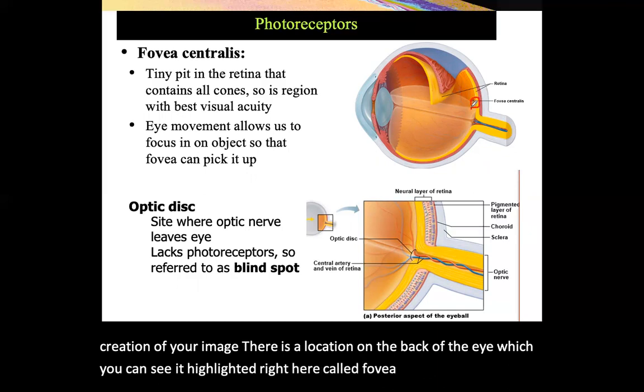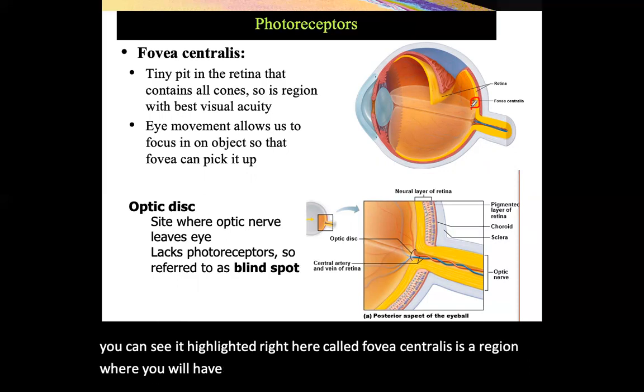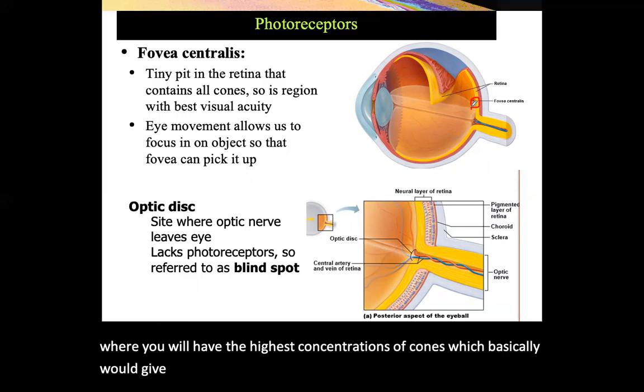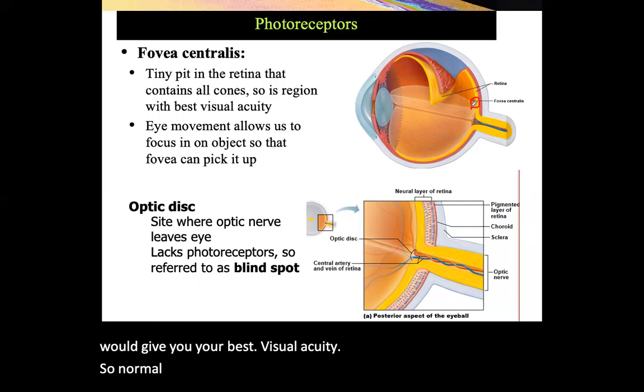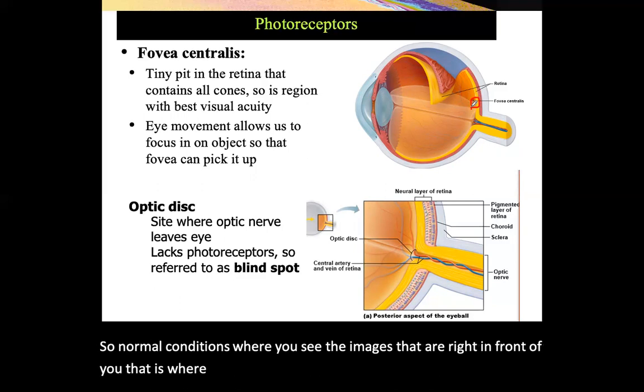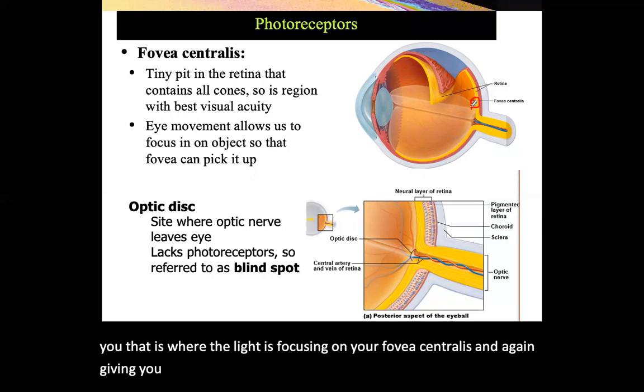Fovea centralis is a region where you will have the highest concentration of cones, which basically gives you your best visual acuity. So under normal conditions where you see the images that are right in front of you, that is where the light is focusing on your fovea centralis, again giving you the best image possible.